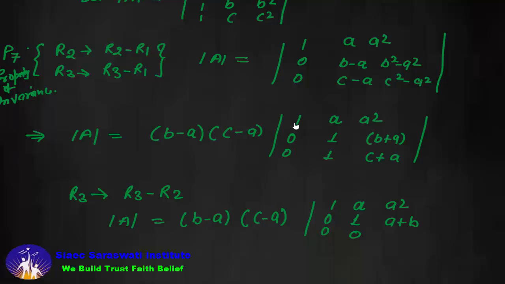So finally a to a cancel out, so that will be c minus b.